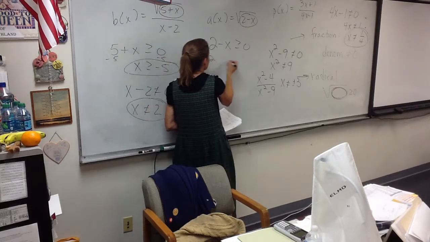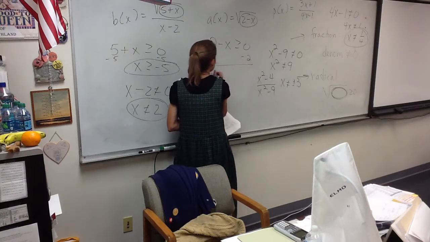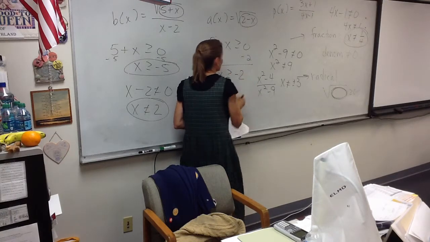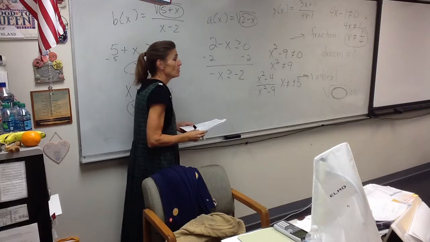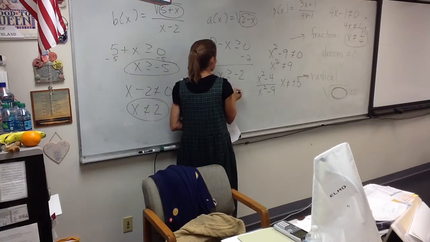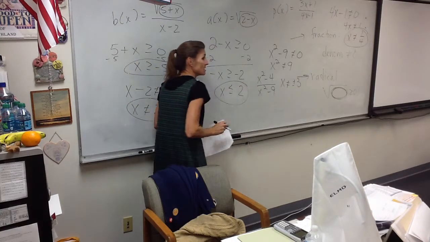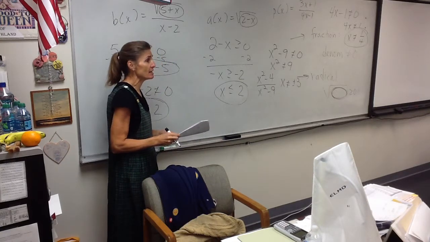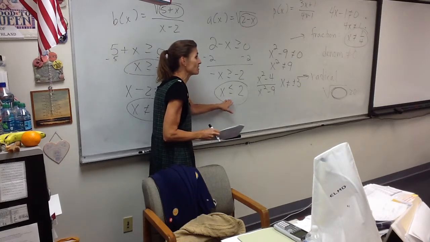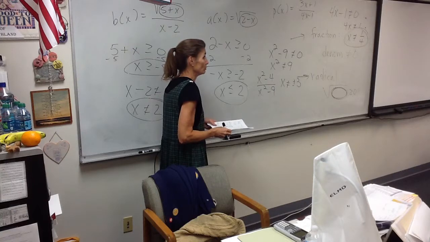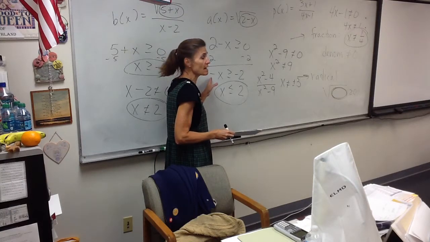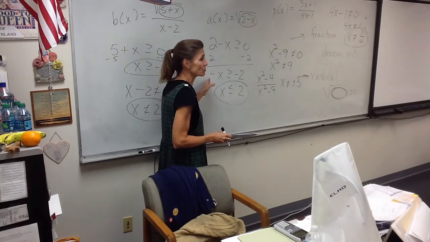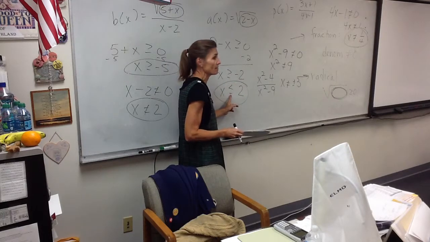When you solve this, you get negative x greater than or equal to negative 2. When you divide by a negative, you have to switch the sign. So your domain is x is less than or equal to 2. The rules are the same for dividing by negatives. When you divide by a negative, you've got to flip the sign.